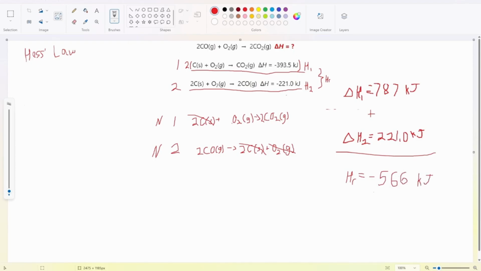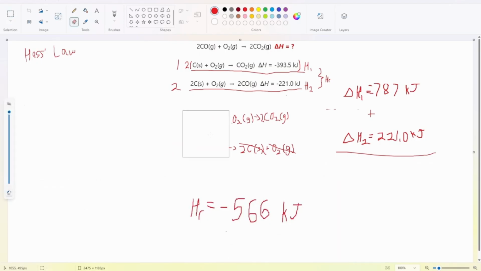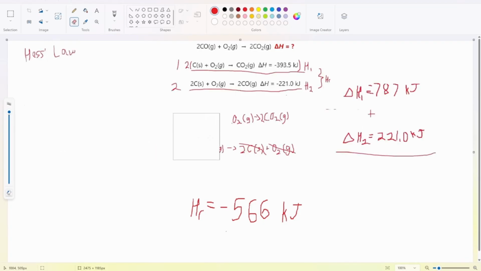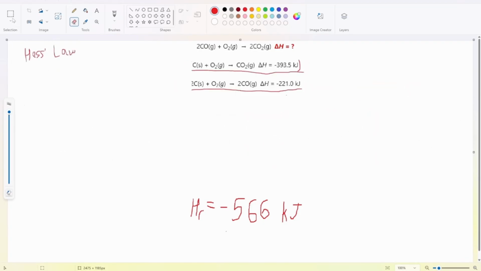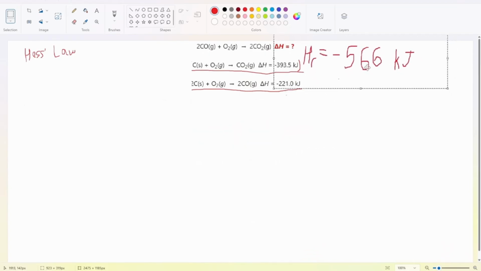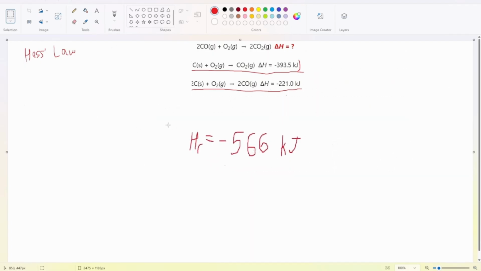So that is our answer. Yes, I know, very technical. So let's erase all this. And the answer to the question is this equation equals negative 566 kilojoules. Now, let's move on to the next problem.